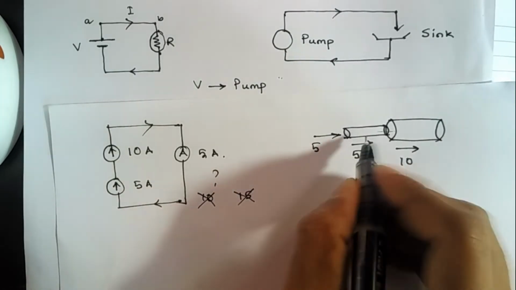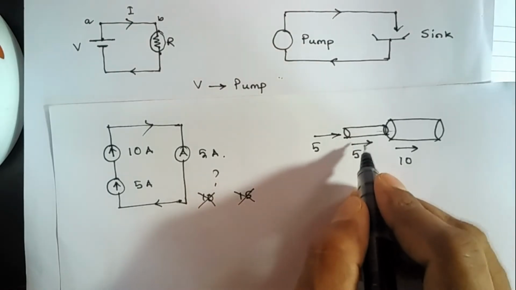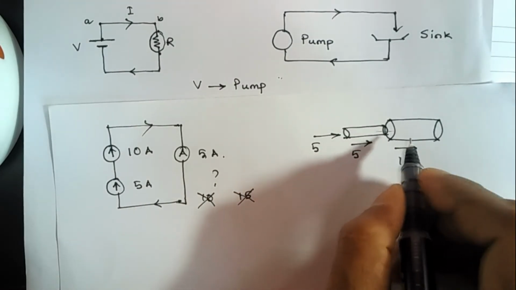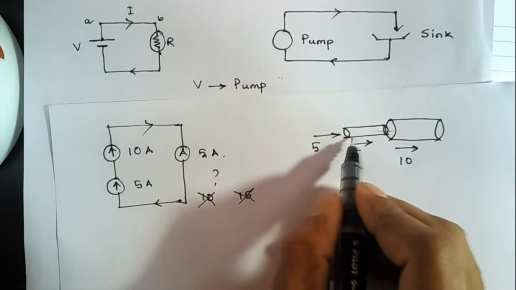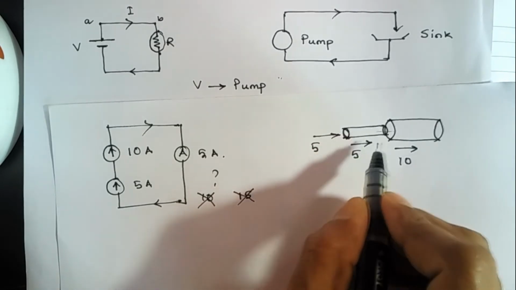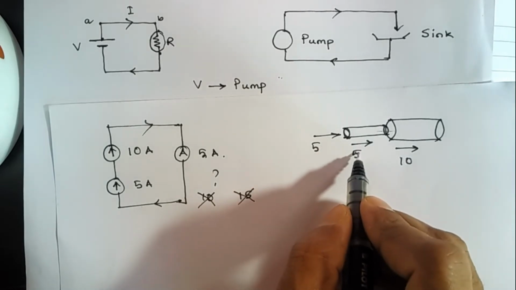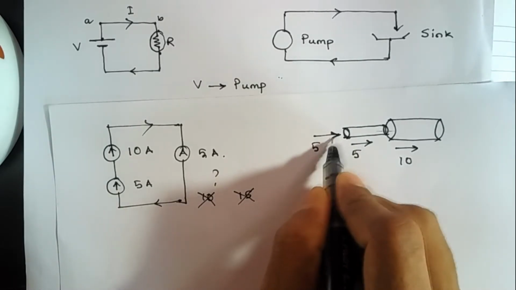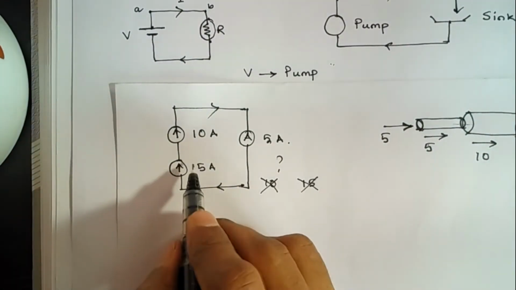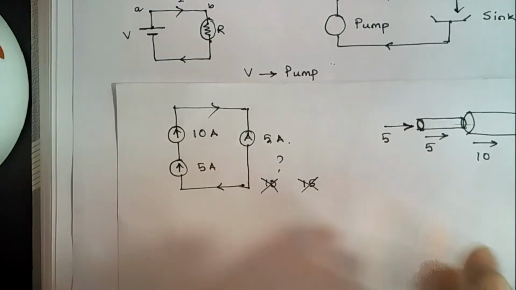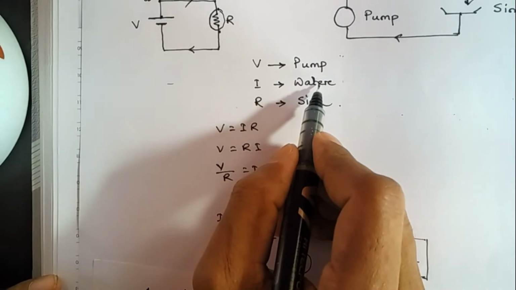Why? Because this pipe permits only up to 5 units of water, but the other pipe permits more than 5 units. But this pipe couldn't permit water more than 5 units. That's why the current flowing through this path is 5 ampere.